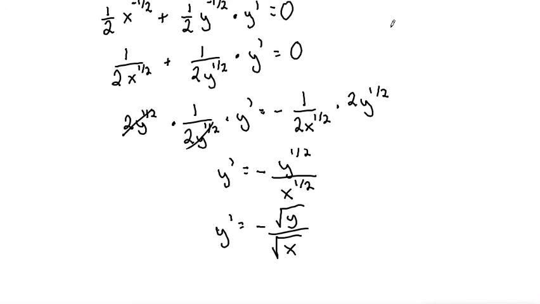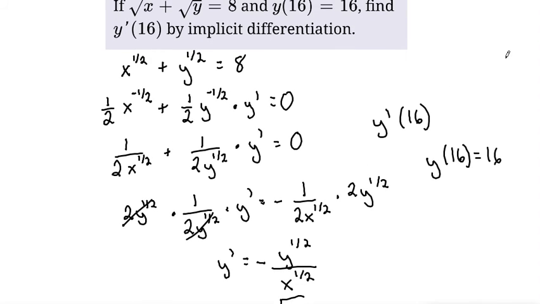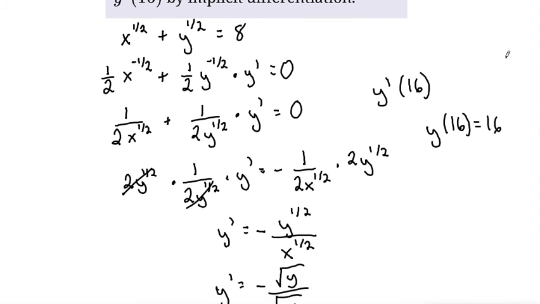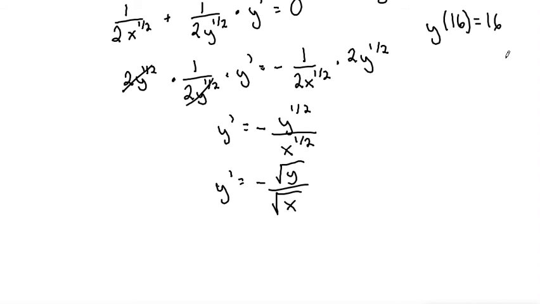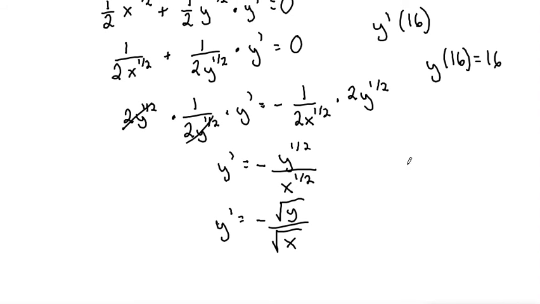Okay, so again, keep in mind that we're looking for y prime of 16. And we know that y of 16 is equal to 16. That was the information that they gave us up here. So now that we've solved for y prime, we need to plug in 16 for x to find y prime of 16.